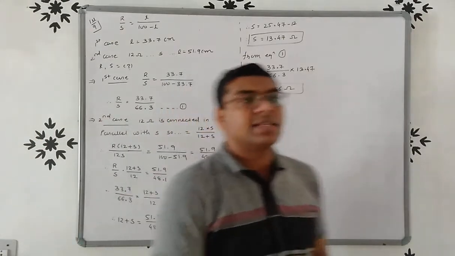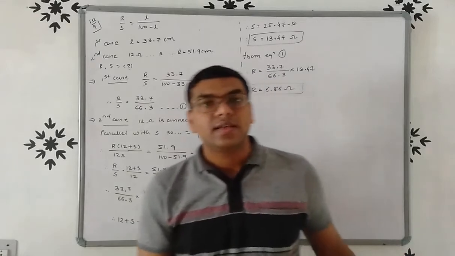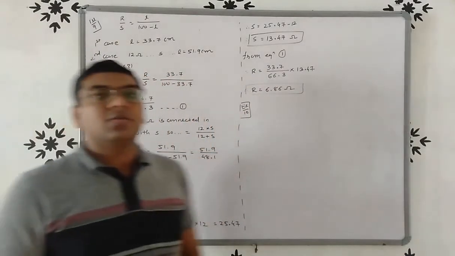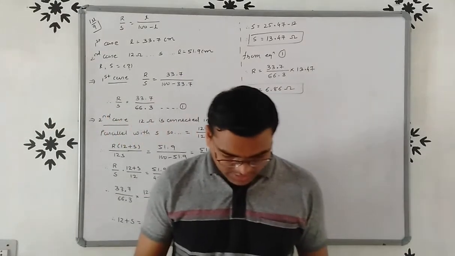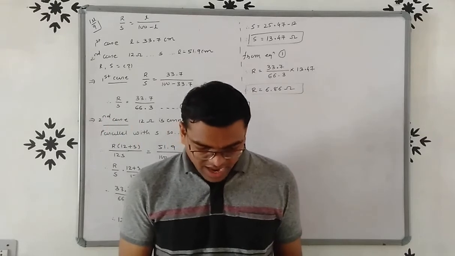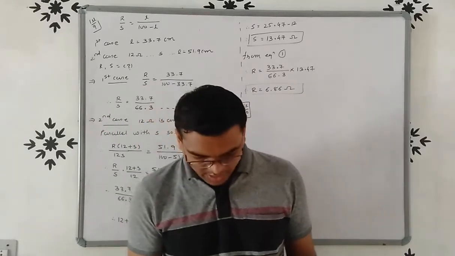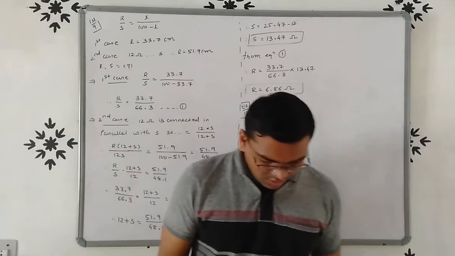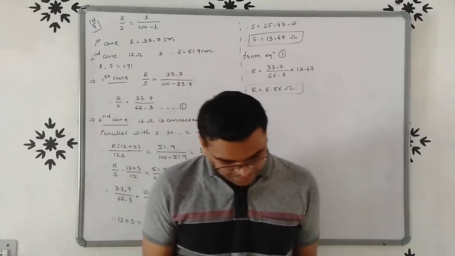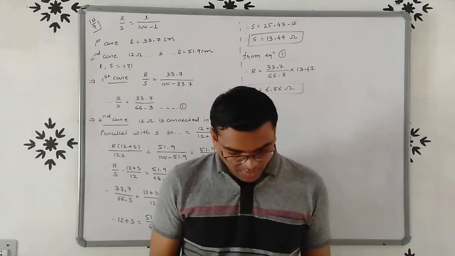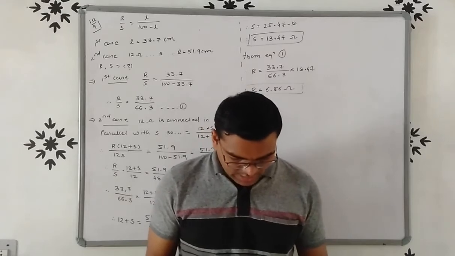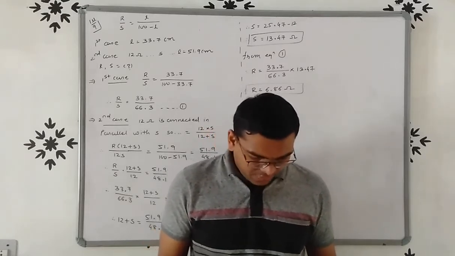The example will be the same as illustration number 9. Now the question will be like this: in a meter bridge as shown in the figure, the balance point, or we can say null point, is found to be at 39.5 centimeters from end A when the Y resistor is of 12.5 ohm.